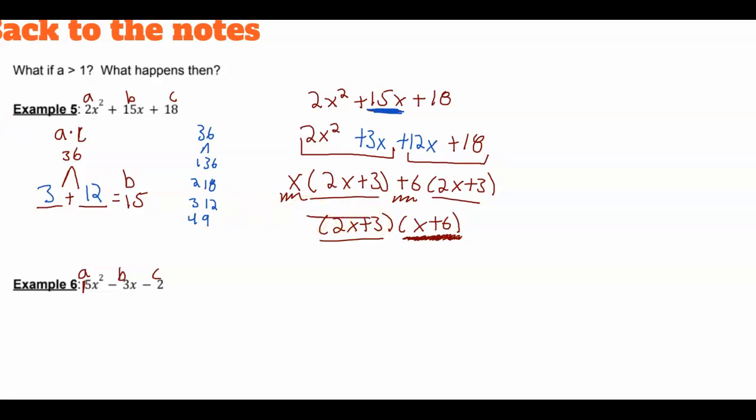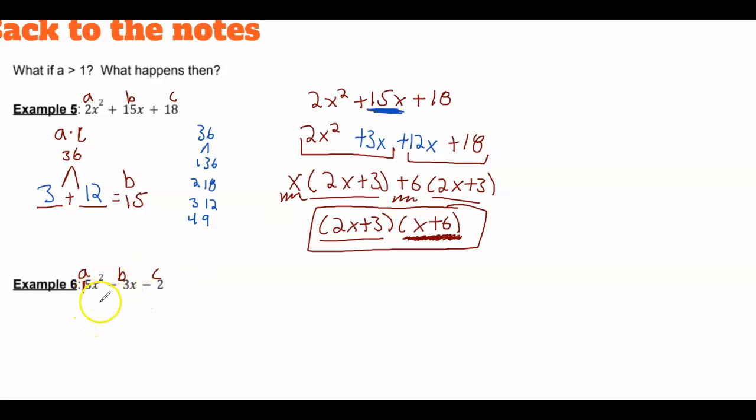Oops. That's my answer factored. So when I do have 3 terms and A is not 1, I do my ACB tree, but then I make it 4 terms.